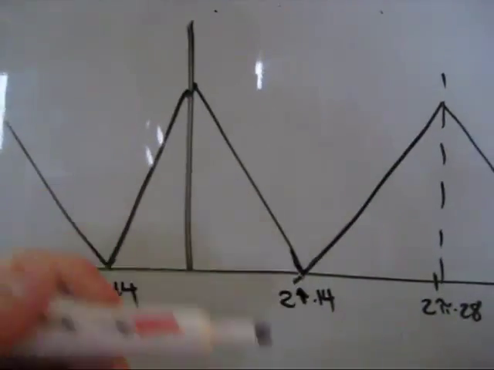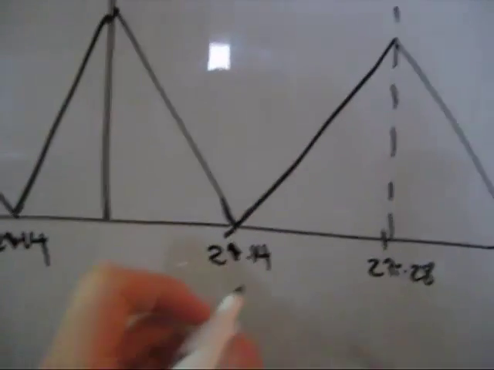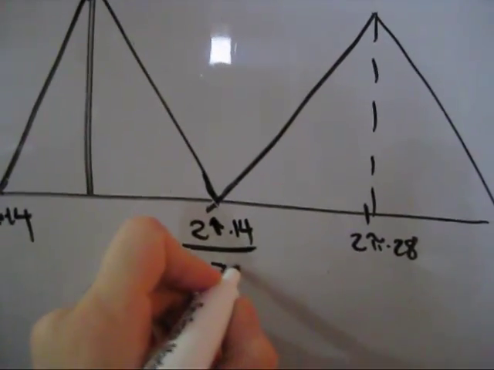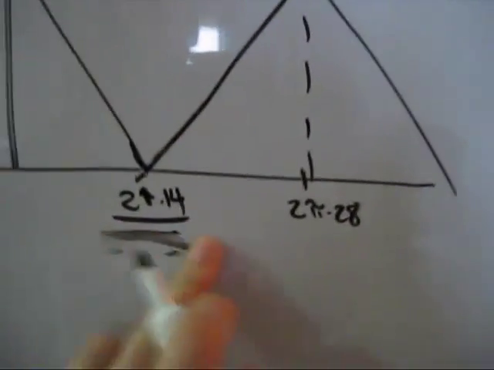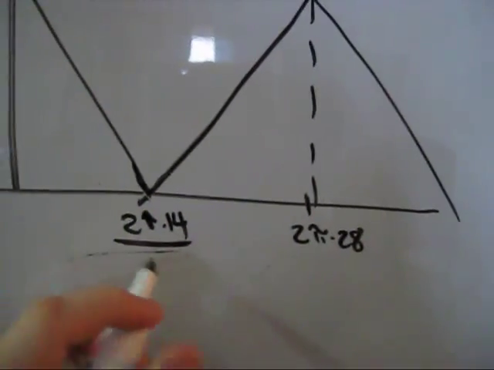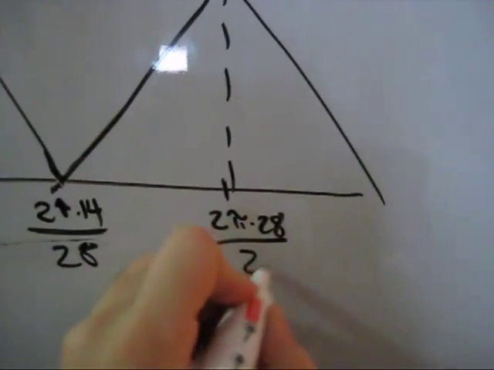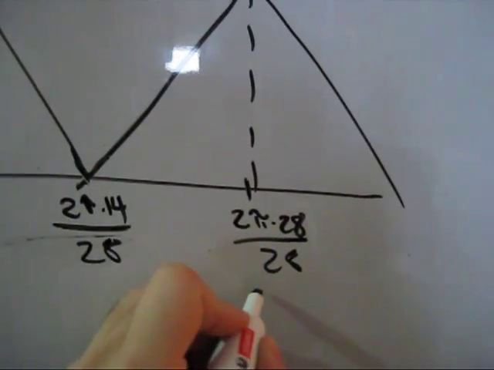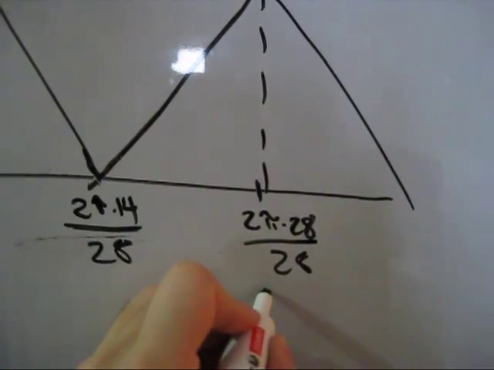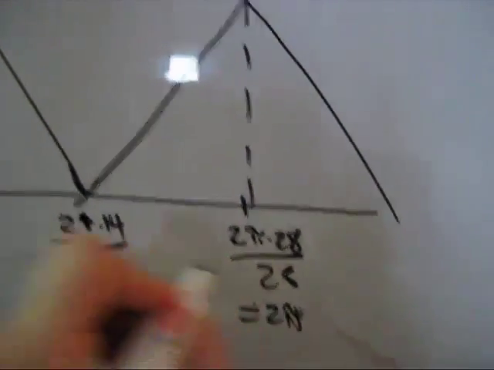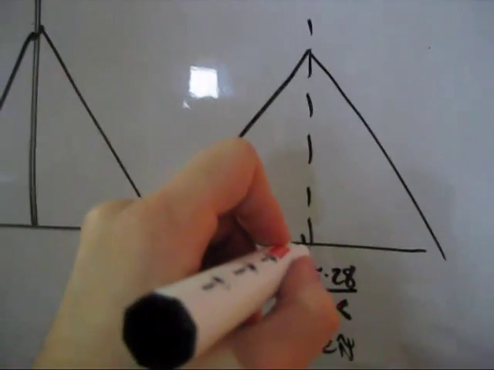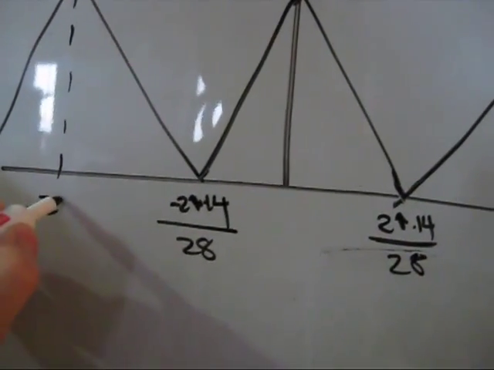So then what you can do is go to the next graph, where it's divided by 28. Wow, that's not 28, that's 2 pi. 28, 28, 28. And so then you get 2 pi. So your replicas are every 2 pi in your final sampled one, and that's going to be minus 2 pi.